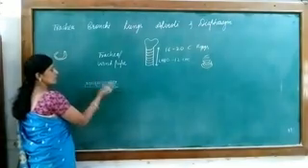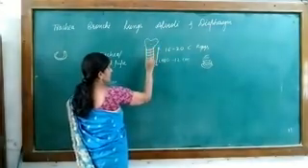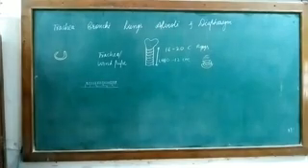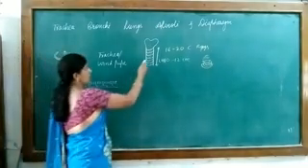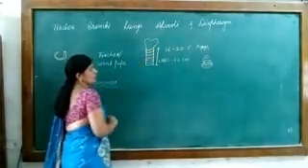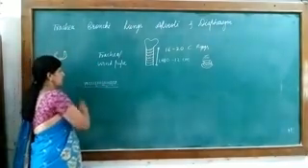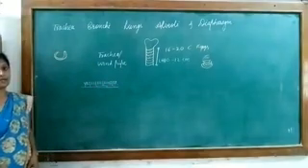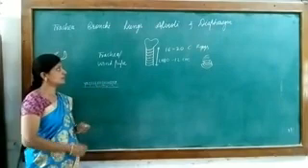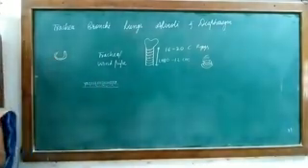Those cilia go on beating, and if any dust particles or germs come into the trachea, they help in preventing them. They don't allow the dust or germs to enter our respiratory system. In this way, the ciliated or pseudostratified epithelium helps in removing germs from the respiratory tract.